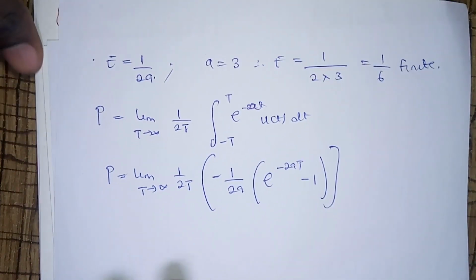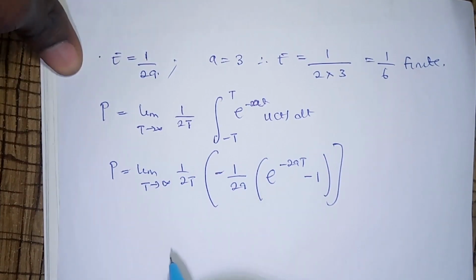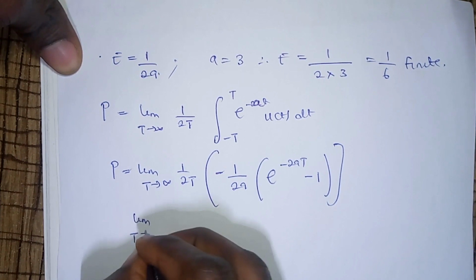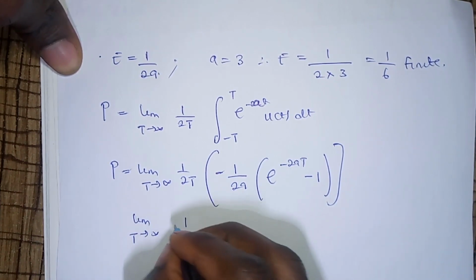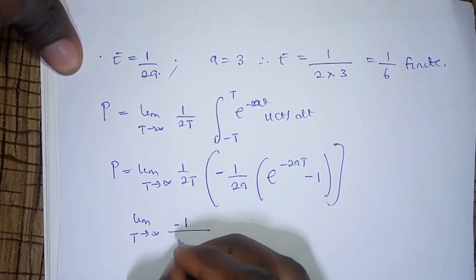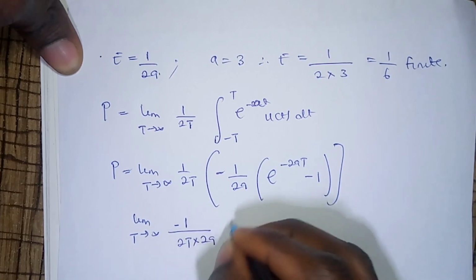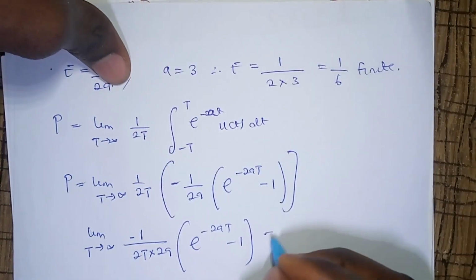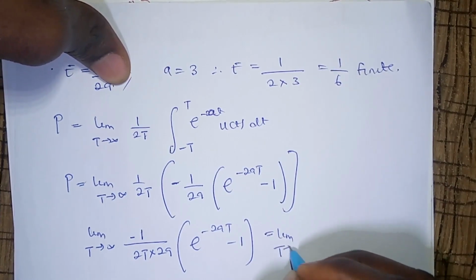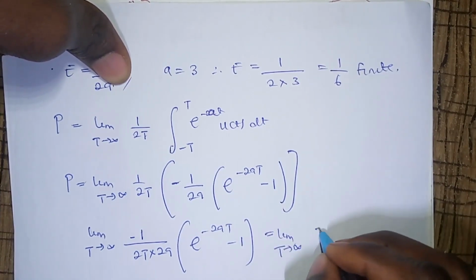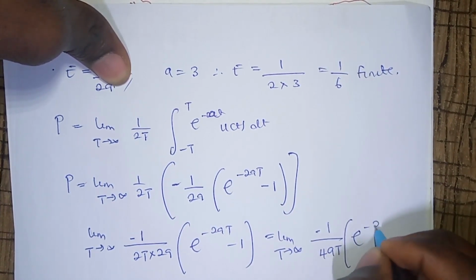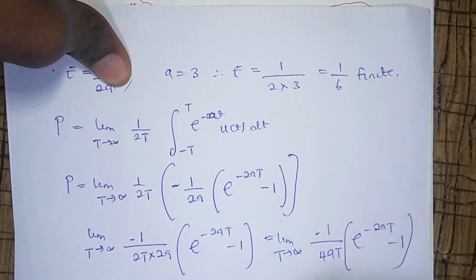After we are done doing that, we proceed. This can go into the bracket, so we end up having the limit as t tends to infinity of negative 1 over 2t times 2a, open bracket, e to the negative 2at minus 1. That gives us the limit as t tends to infinity of negative 1 over 4at, open bracket, e to the negative 2at minus 1.